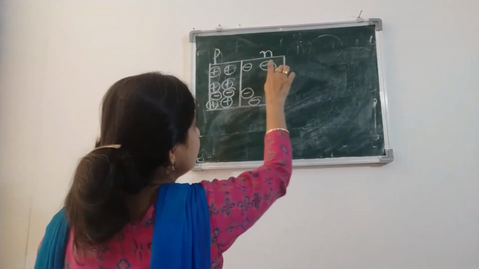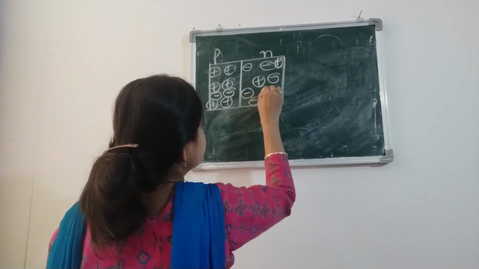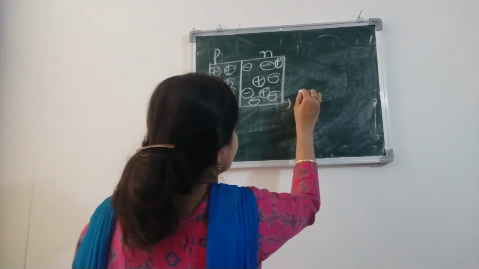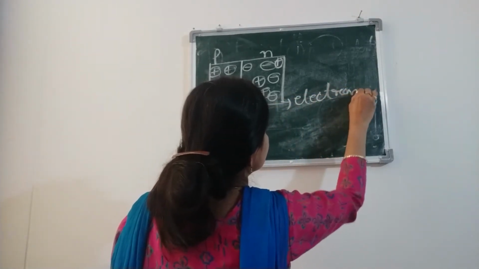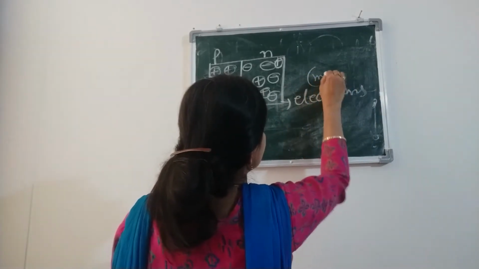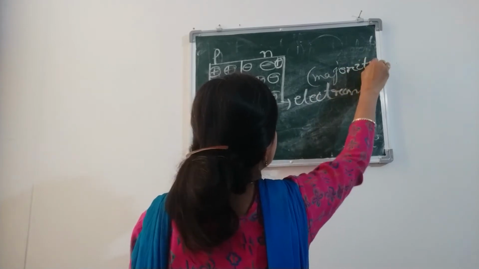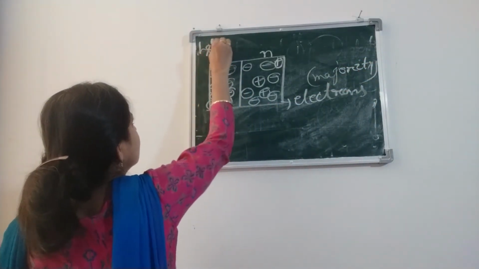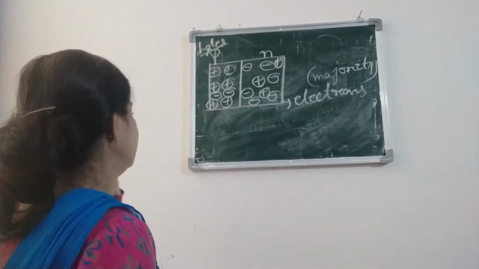Similarly, the minority charge carriers in N are holes. In N, electrons are the majority, and in P, holes are the majority charge carriers.